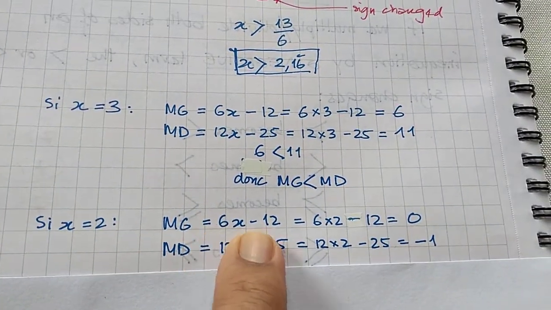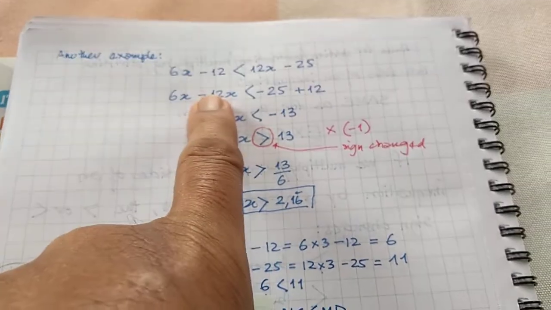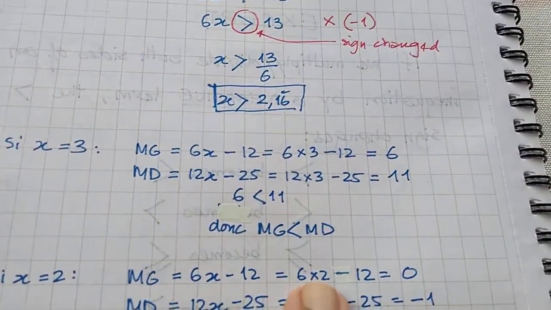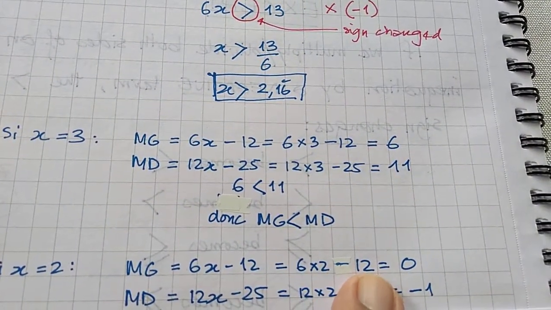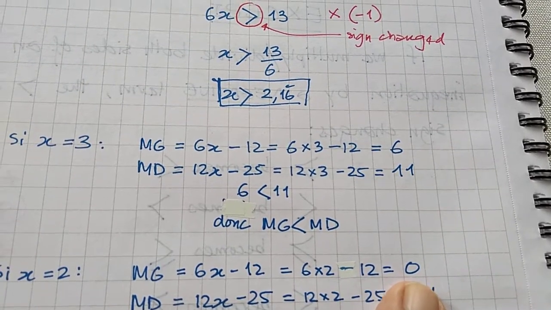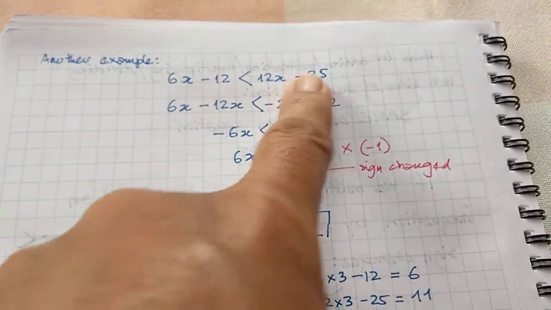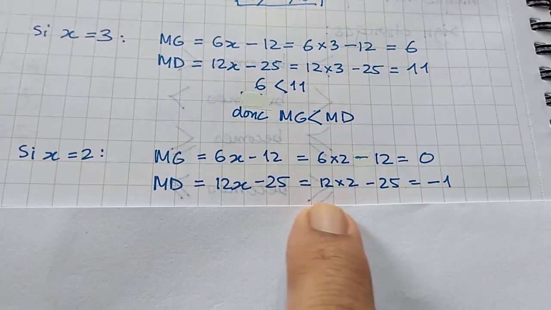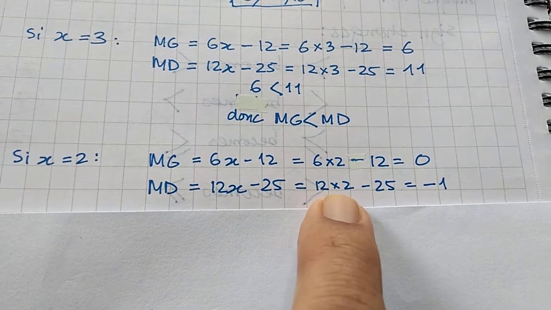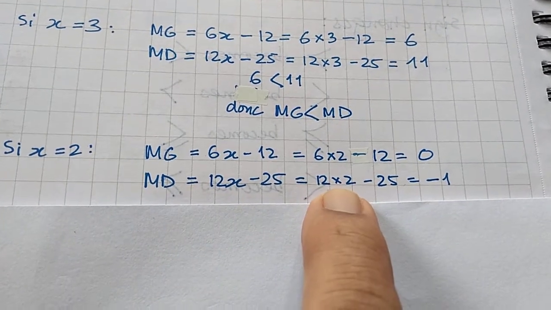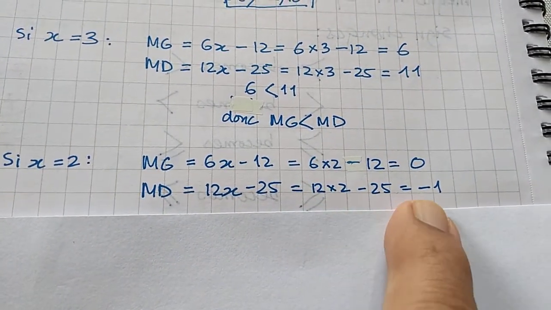Membre gauche is 6x minus 12. That is 6 into 2 minus 12. 12 minus 12 gives us 0. Membre droite is 12x minus 25. So I get 12 into 2 minus 25. This is 24. 24 minus 25 is minus 1.